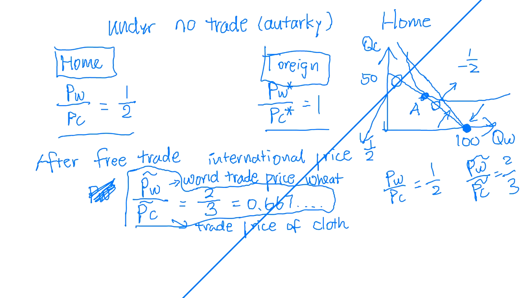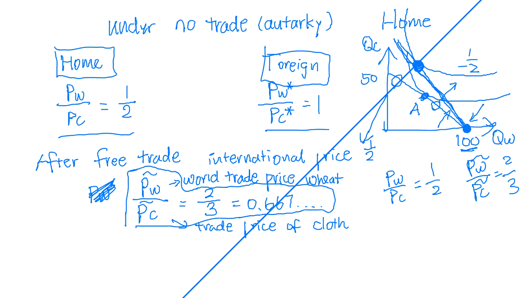So this is the new production constraint, and it goes through the specialized point, which is here. And then the new consumption point is supposed to be here.